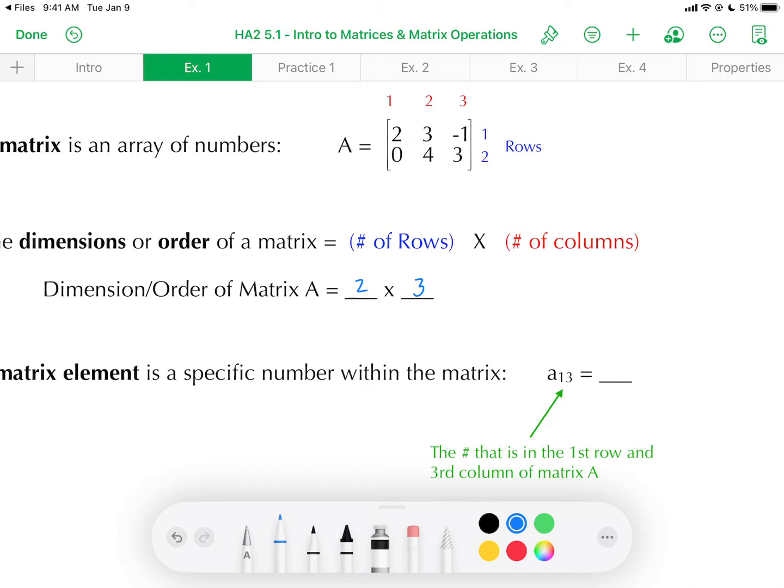So notice I have a, and then in subscripts I have 1, 3. That doesn't mean 13. Think of it as 1, 3. So that wants the element in matrix A that is in the first row and the third column. So if you look at matrix A, here's the first row, here's the third column. So what number are we talking about? -1. Okay. Pretty simple, yeah?